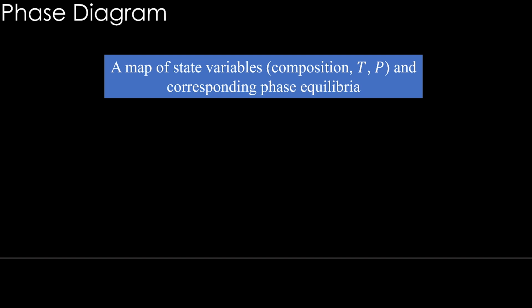Of course, when we say composition, we are talking about all the elements in the periodic table, right? In what combination they are mixed and all. Then it's a huge space of variables. So what we will usually do is we will minimize the number of elements. Let's say at least one element, we'll call it a unary diagram or one component diagram.